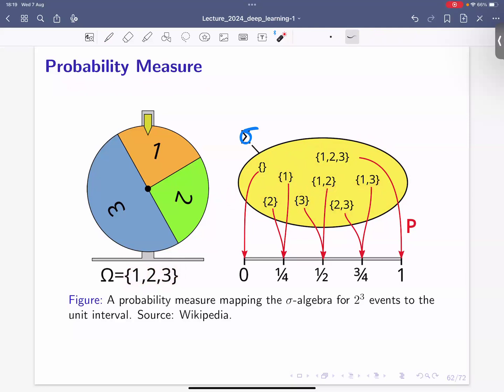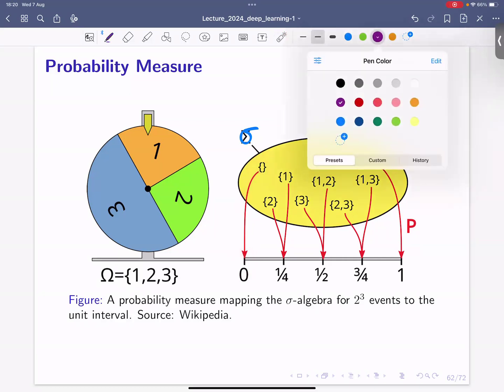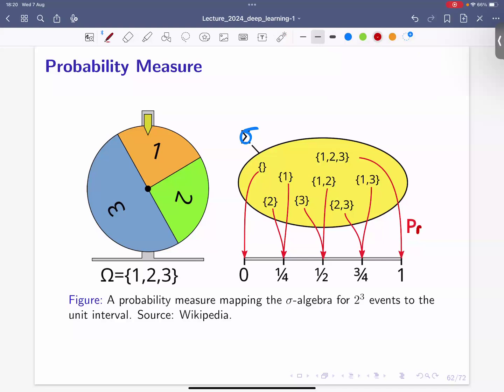And now we understand what is the probability of each of those sets. So the probability of the empty set is 0. So you see here, P here is a function that would map this empty set to 0, right? So as we said before, let me write it as PR here. PR is a function from F to [0, 1].